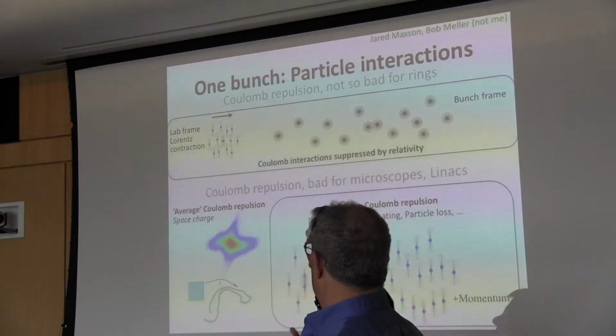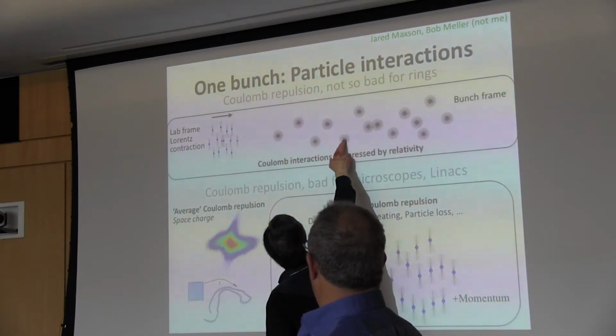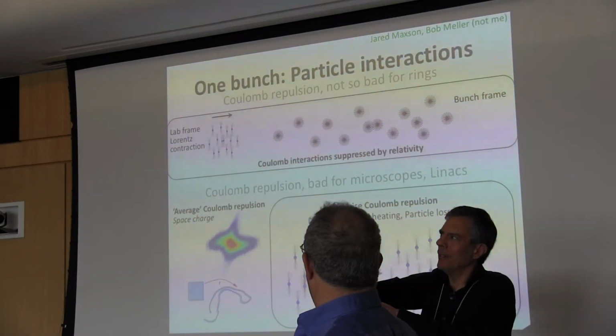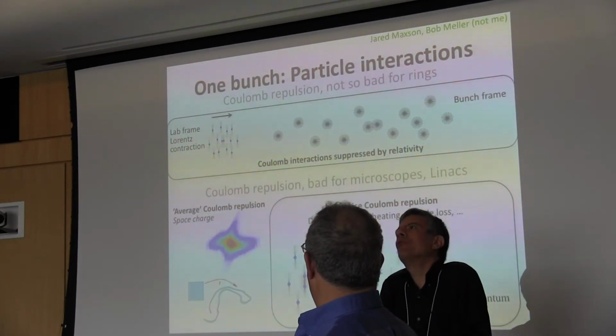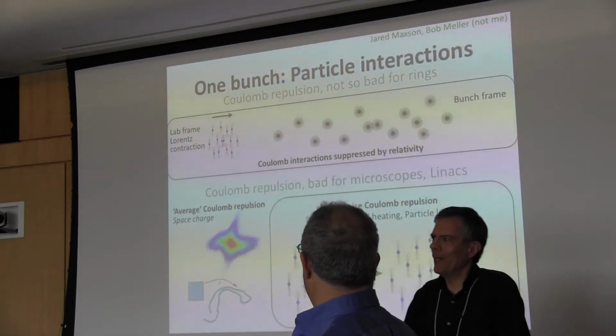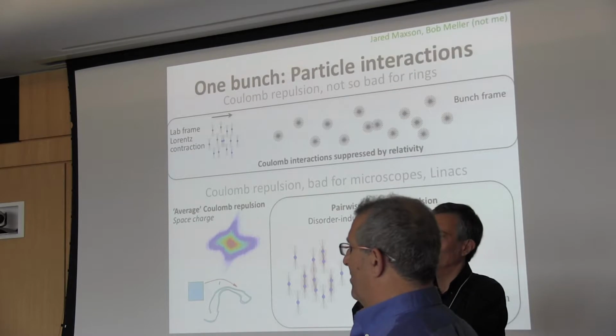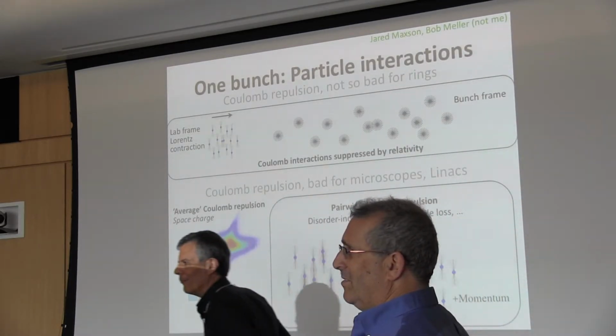The forces between these particles are causing them to accelerate apart, but because they're moving near the speed of light, their clocks look like they're running slower, and so they don't actually get far apart in the lab frame.